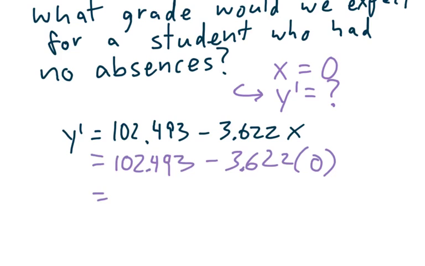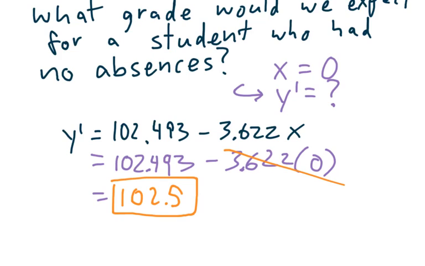Substituting in 0 in place of x, without a calculator, this whole part here becomes 0, and so what we get out, after rounding, let's say it's 102.5.